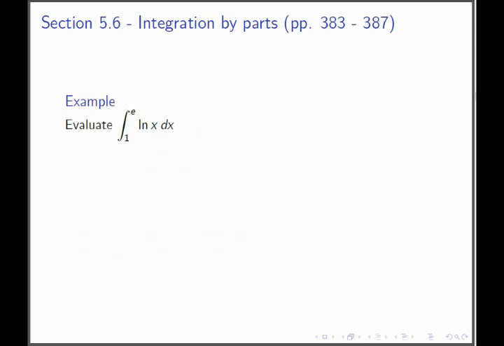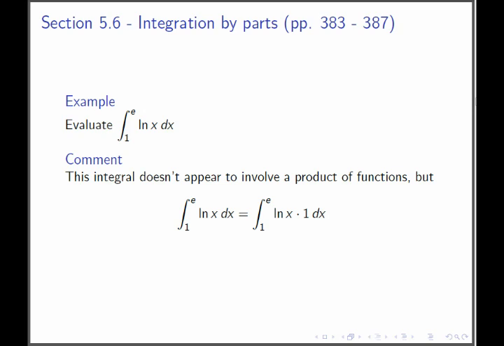Let's do an example. How do we evaluate the integral of natural log of x? Well, let's see. This isn't a product of functions, at least it doesn't look like it. But if I'm clever, I can see that actually it is a product of functions, natural log of x times 1. So let's use the ILATE acronym to see what substitutions we should make.